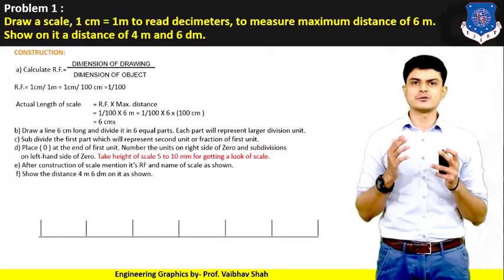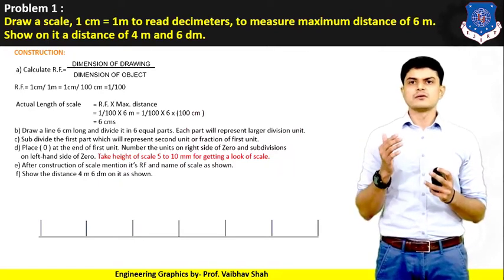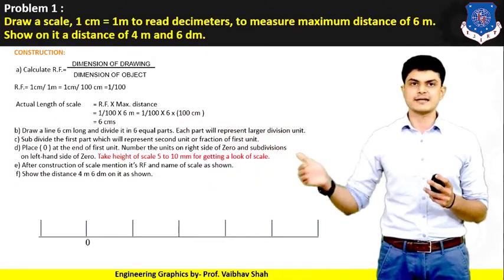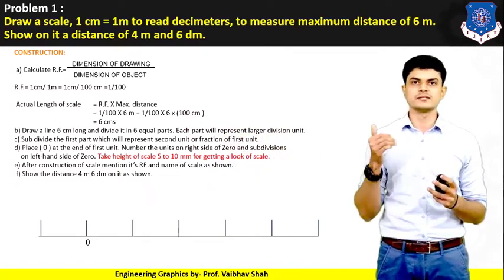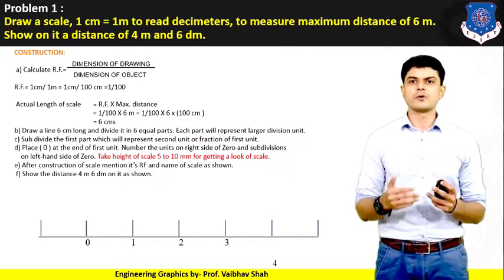After dividing this line into 6 parts, we will now give numbering. We will omit the first division like this and we'll start numbering from 0 onwards. So 1, 2, 3, 4 and 5.